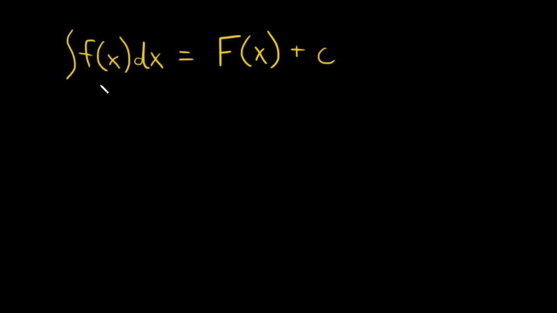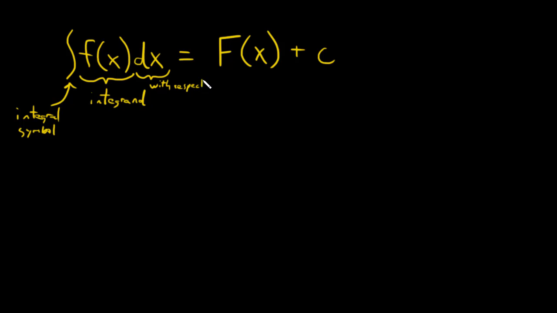But now what is this saying? This right here, a couple of things. This is called the integral symbol. This right here is called the integrand. This right here is the with respect to. Oh boy, that just messed up. Let me try that again. With respect to.